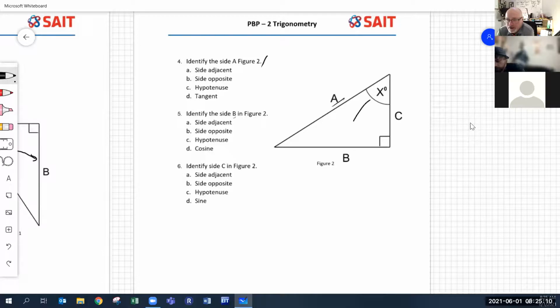It is your opposite, the side opposite of the angle. So anytime you want to have the run and rise, there's an angle shown and it's either opposite or adjacent to it. So C then has to be the side adjacent. Yes? Okay.